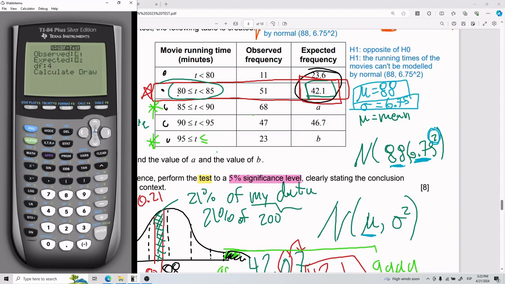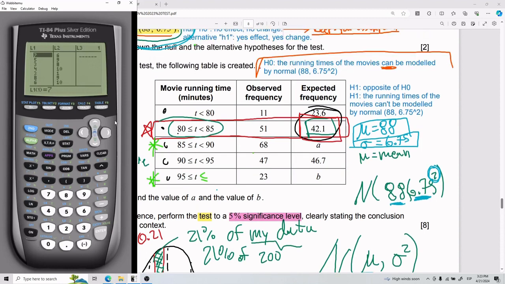And now for my lists, I'm going to put the observed and expected. Where did I put list again? I have to go to stat, edit. Here are my lists. I have the memory of a goldfish, so which was expected, which was observed?